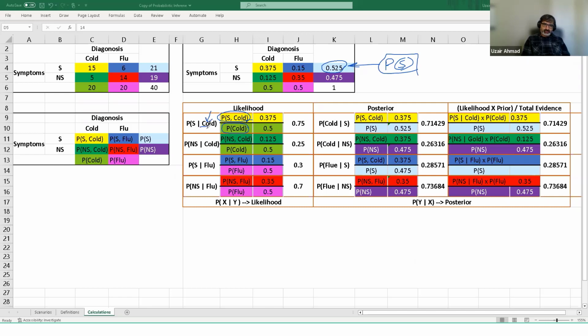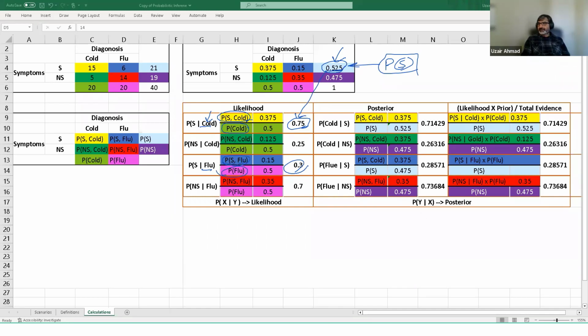Known is what? Cold. Person has cold. We know this. 0.75. You can see when we don't know the person has cold or flu, the probability of sneezing is 0.525. But when we know the person has cold, it changes to 0.75. When we know the person has flu, it will change to 0.3. See? Joint of sneeze and flu divided by flu.